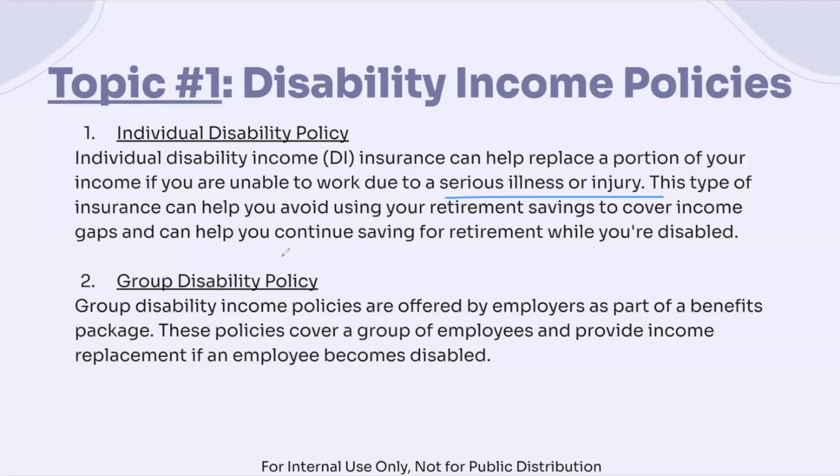Now, we also have group disability policies. Just like group life insurance policies, these are offered by employers as part of a bigger benefit package. If an employee becomes disabled, it provides income replacement, and again, income replacement depends on the severity of the injury or illness, correct?